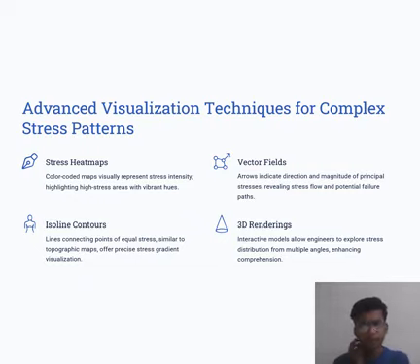Vectors: showing the direction and magnitude of the principal stresses, revealing the stress flow and potential failure paths. 3D renderings: interactive models allow engineers to explore the stress distribution from multiple angles, enhancing comprehension.